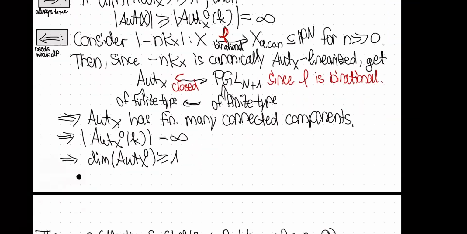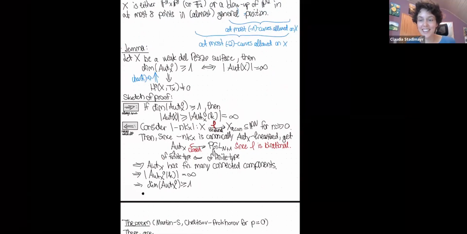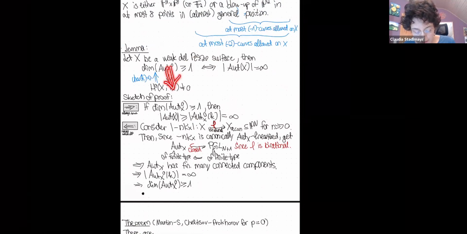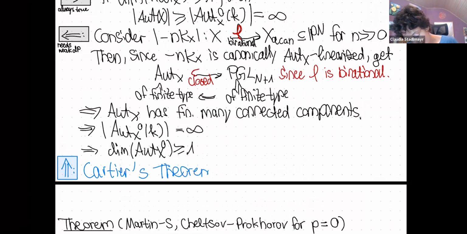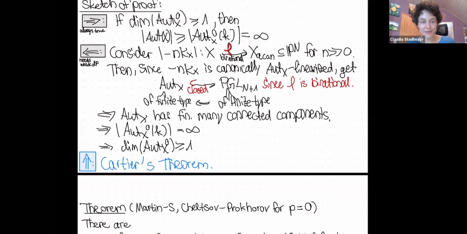Okay, and the field is algebraically closed? Yes, exactly. Okay. And this finishes the proof of this equivalence. I already told you why this is true, and we already discussed that this implication is Cartier's theorem. Or not really is Cartier's theorem, but follows from Cartier's theorem. Okay.